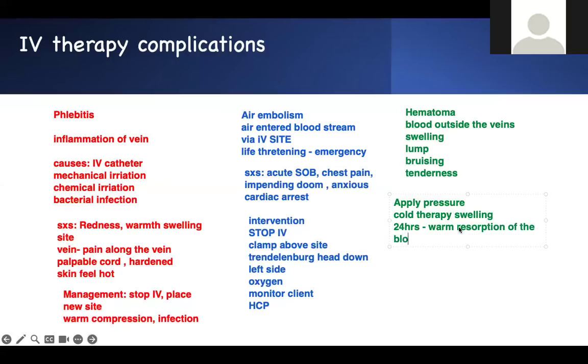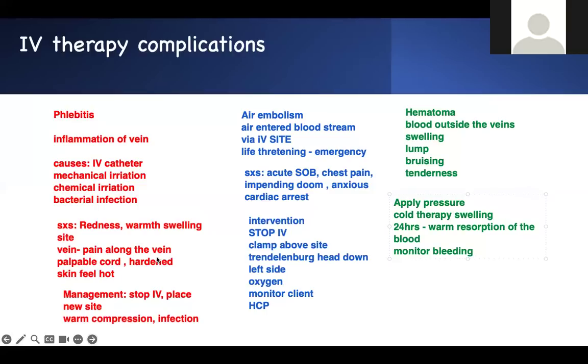So that's what you do as this second step after 24 hours. Then you monitor for bleeding. And that's all. So these are three complications you need to know and how to recognize them and how to manage them.